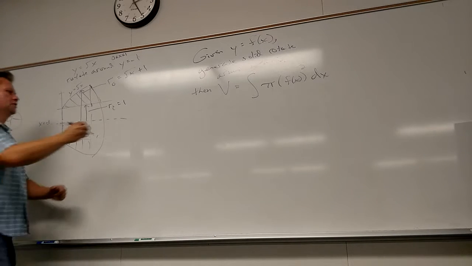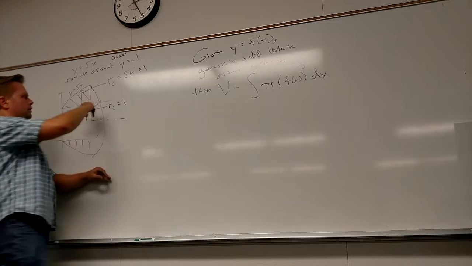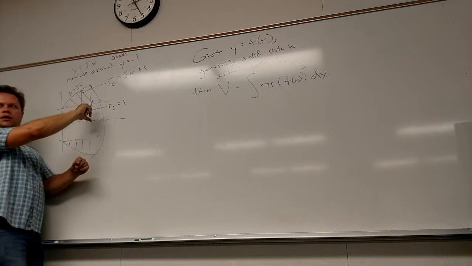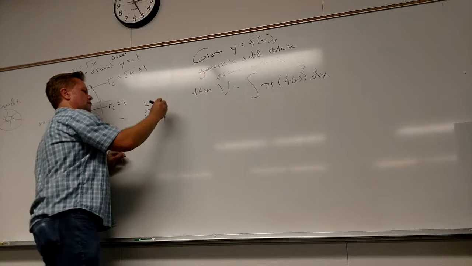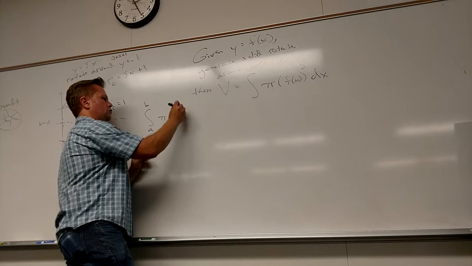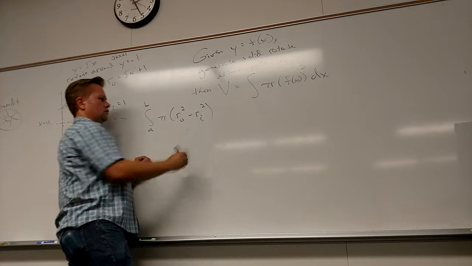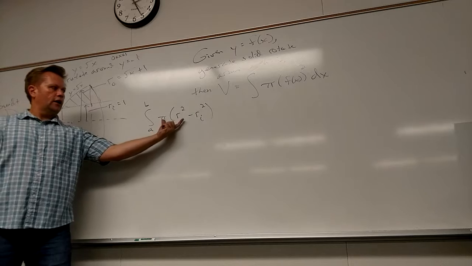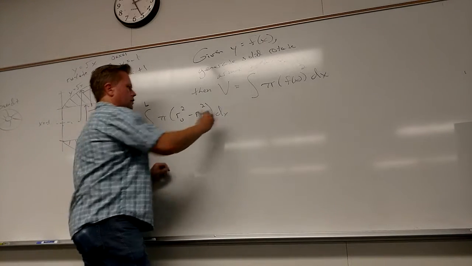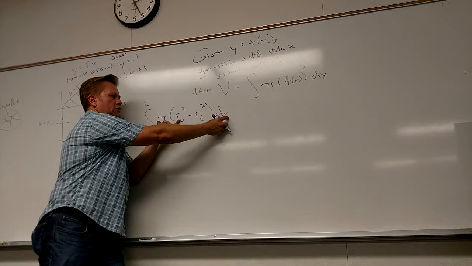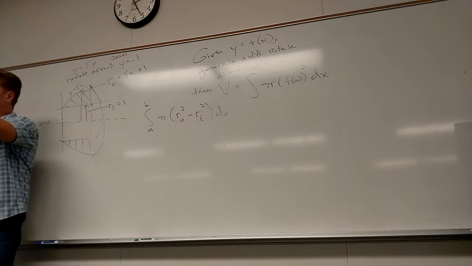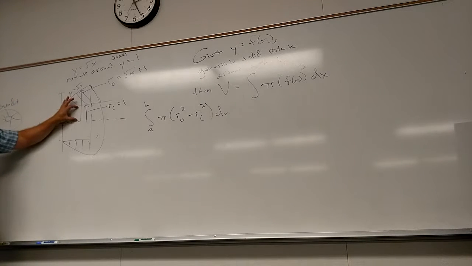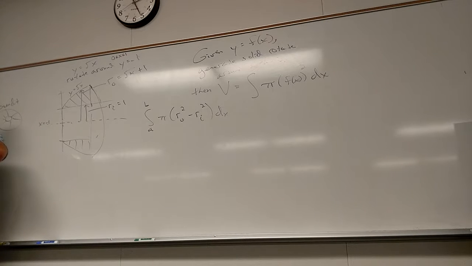So officially, the formula for something with a hollow center is the integral from whatever to whatever, pi times r outer squared minus r inner squared. Do you see how that's the area, and then of course times dx. So this is the volume of the outer disk, and this is subtracting the volume that's going to be taken out. There's just going to be a hole. So it is exactly like boring out the center of the shape.